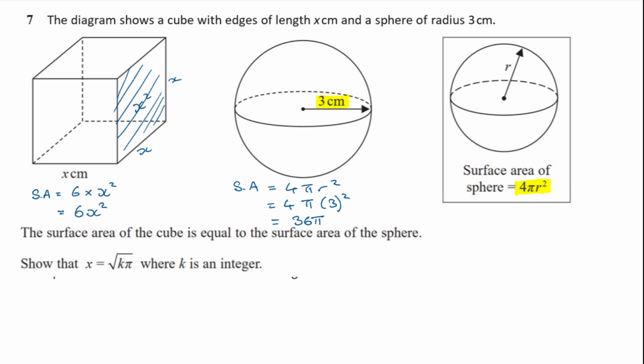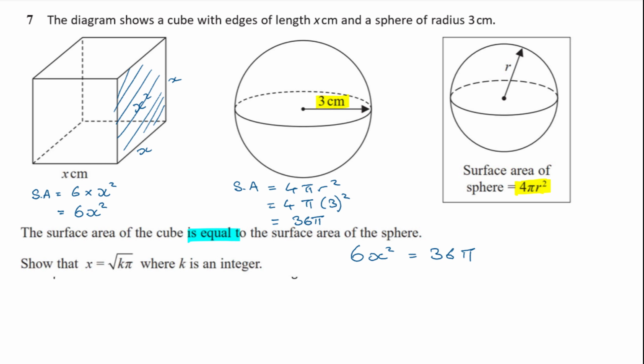Okay, so I've got my surface area of my cube, which is 6x squared, and I've got my surface area of the sphere, which is 36 pi. Now we're told that these two things are equal to each other. Okay, so I can now equate those. So I can write underneath that 6x squared equals 36 pi.